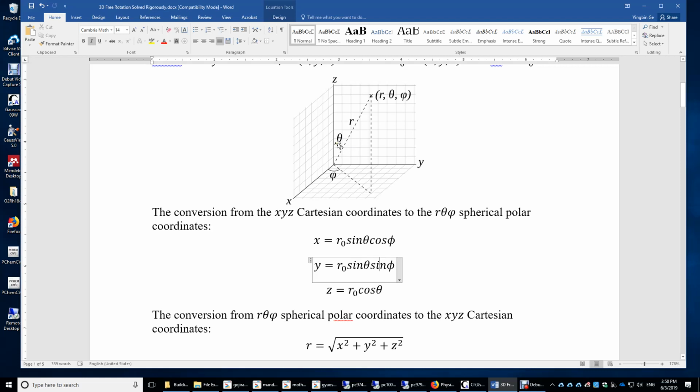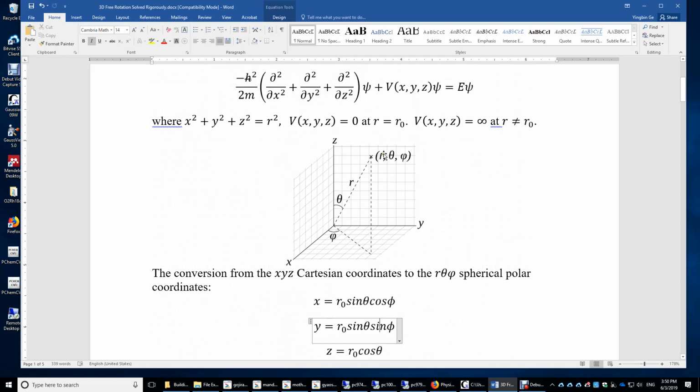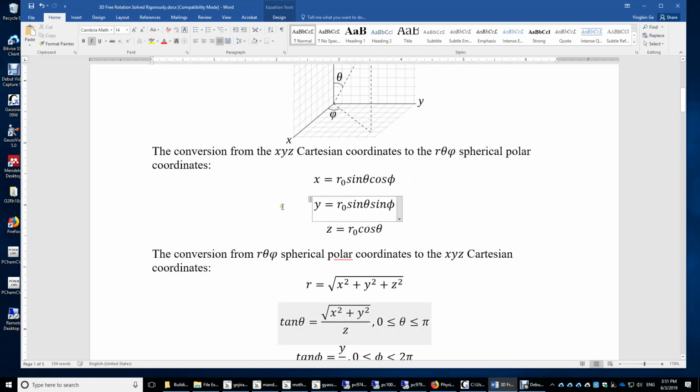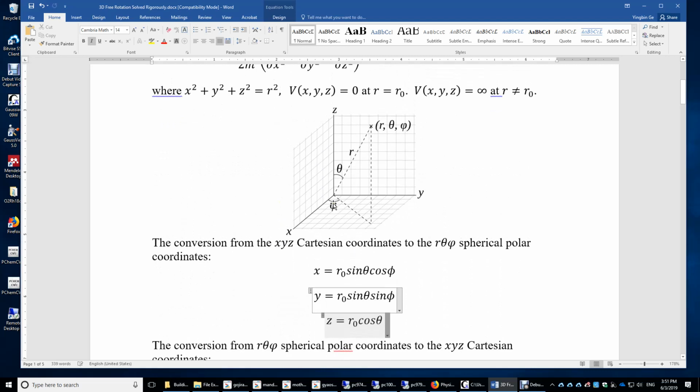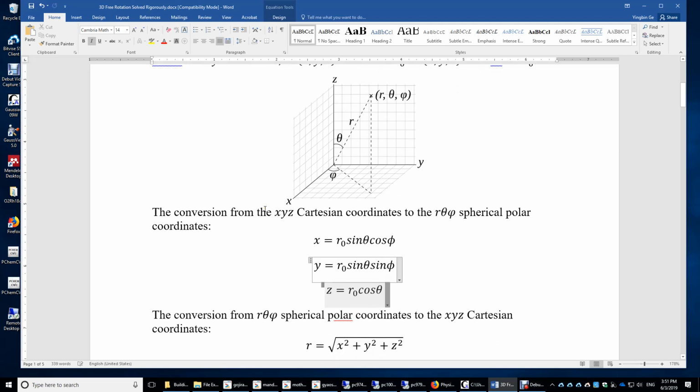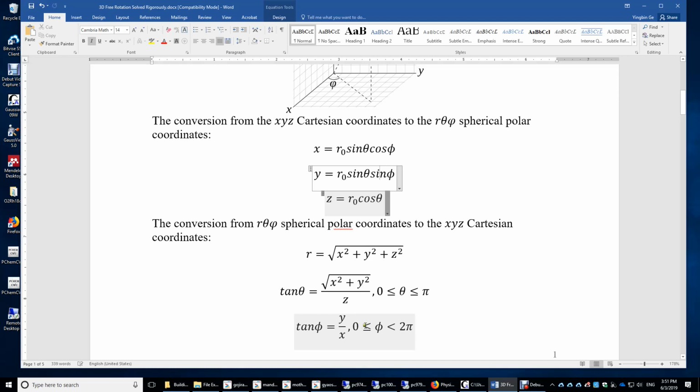This tangent theta equals this distance between the position of the particle and the z-axis, which is the square root of x squared plus y squared, divided by z. And over here, how is phi determined? Phi is simply the arctangent of y over x, or tangent phi equals y over x.